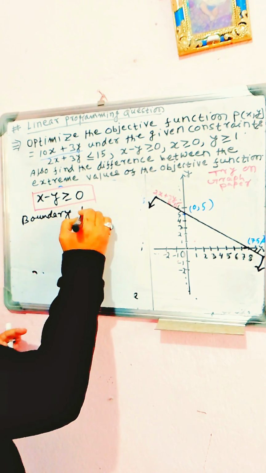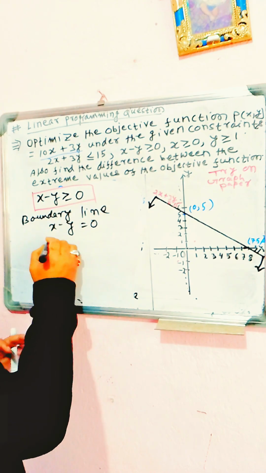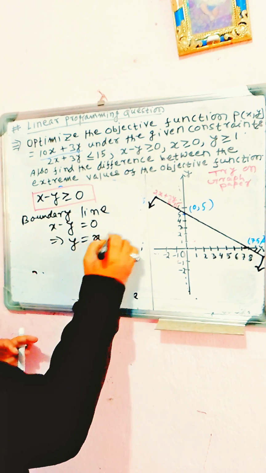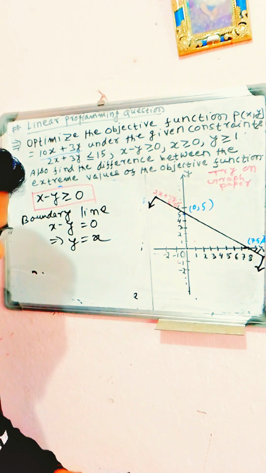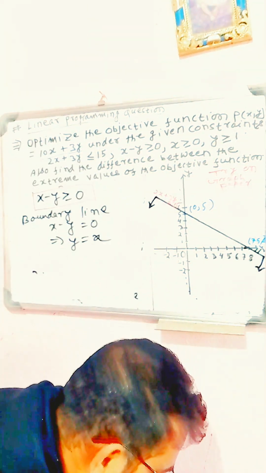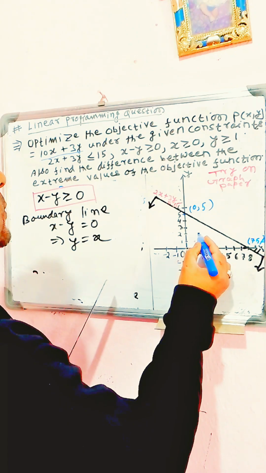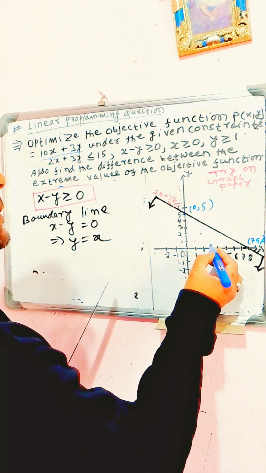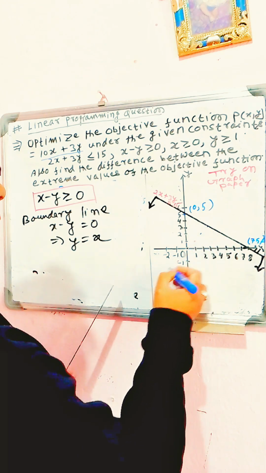x minus y equals 0. It gives you y equals x. To plot the graph of y equals x, you should know that y and x are equal at every point. So this is (1,1), then (2,2), and this is (3,3), somewhere here, and similarly like that.